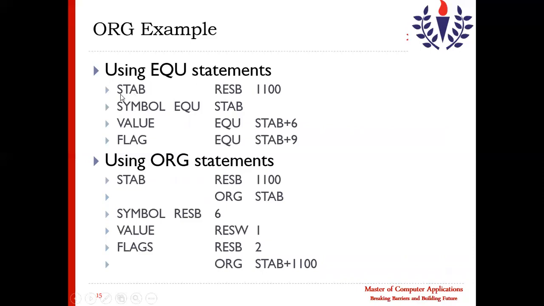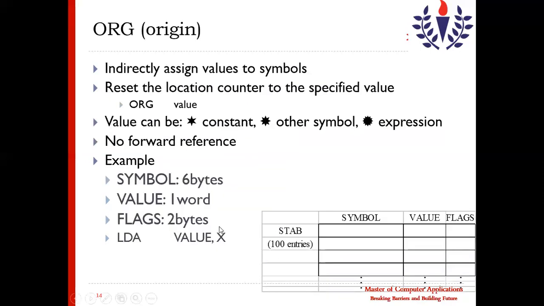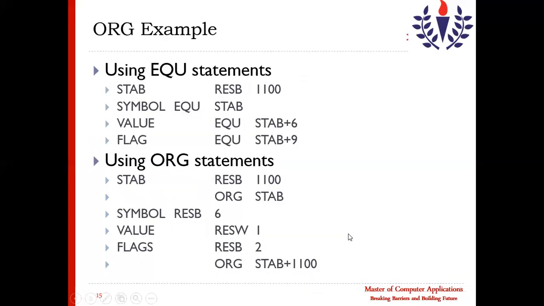So we are creating one table that we have already seen, this is the symbol table. We are creating that, and in that we are defining this stab as 1100. That means our first symbol will be at 1100. So in this slide, stab at 1100, and symbol will be equal to this value of stab, because we don't know what the value of stab will be till this statement.